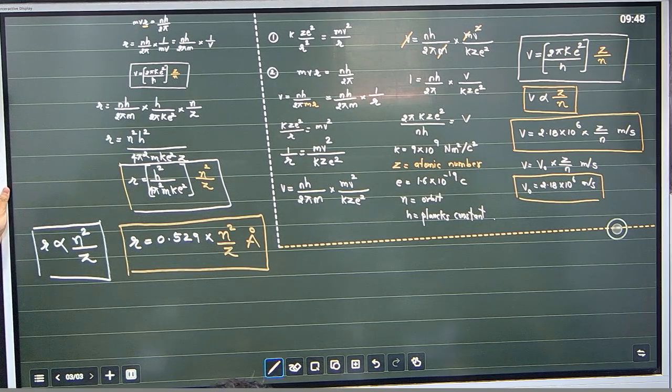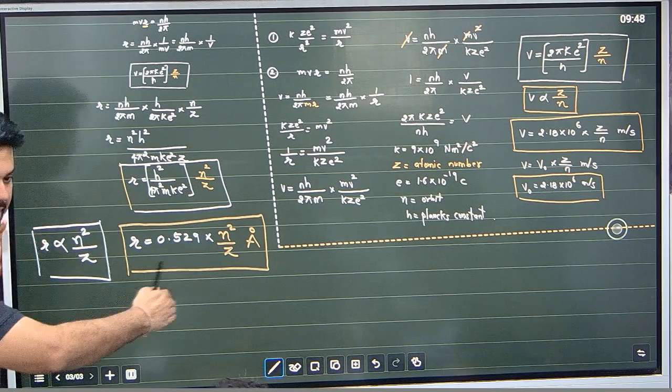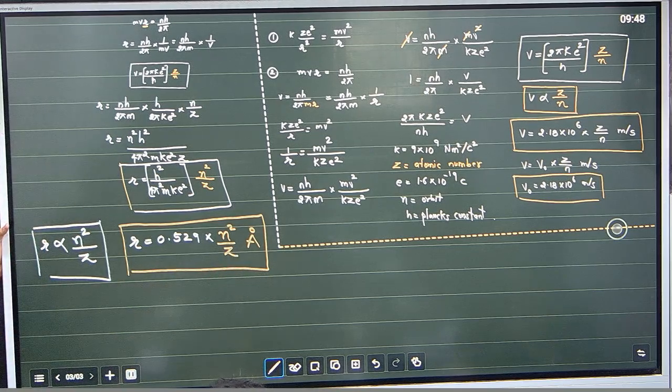So as the atomic number increases, radius decreases, which you have studied in the periodic table as: as you move from left to right, size decreases. In the periodic table you also studied that as the number of shells increases, the radius increases. Did you people get that? Yes or no?